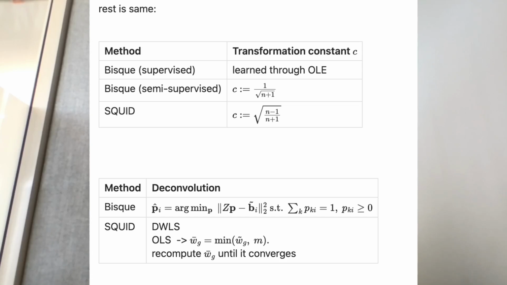And then you have the dampened weighted least squares, which I should probably also explain.